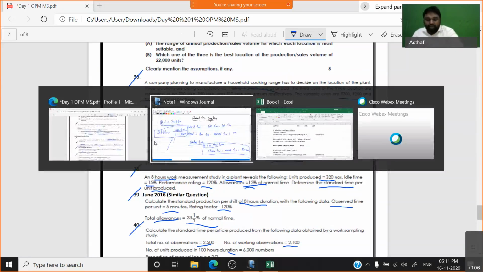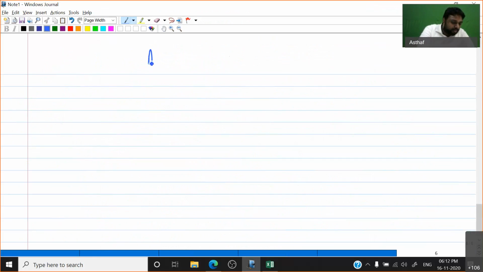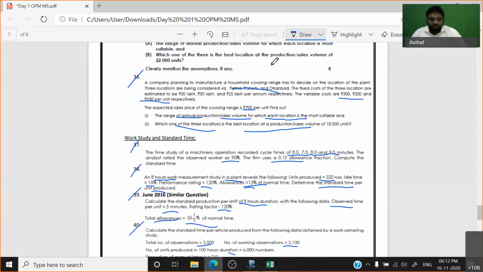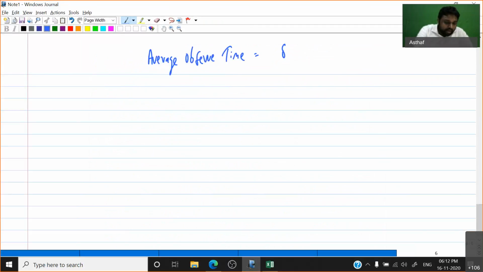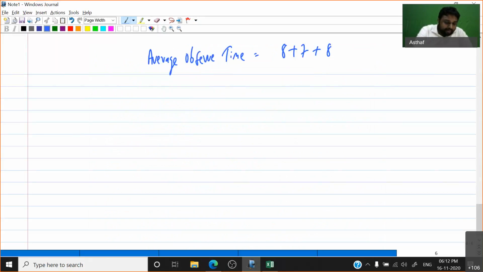So first we have to find out the average observed time. What is the average observed time? 8 plus 7 plus 8 plus 9 by 4. 8 minutes.